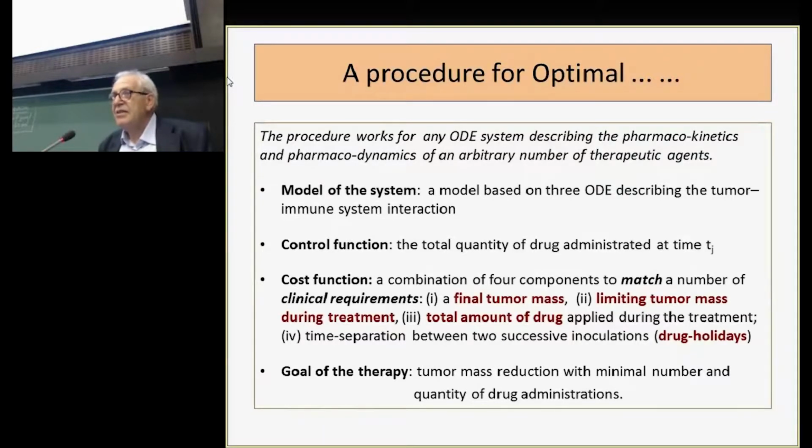So you cannot supply drug at all times, because there's a doctor saying, okay, you have to do some rest. You cannot take drugs every day. And the goal of the therapy was tumor mass reduction with minimum number and quantity of drug administrations.